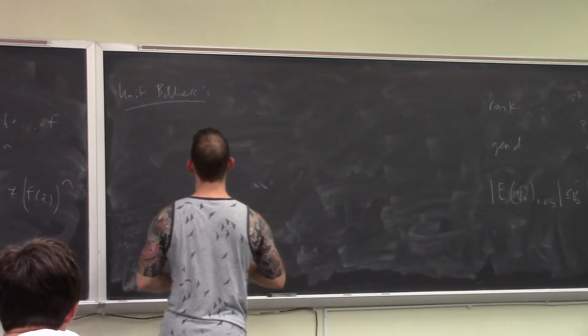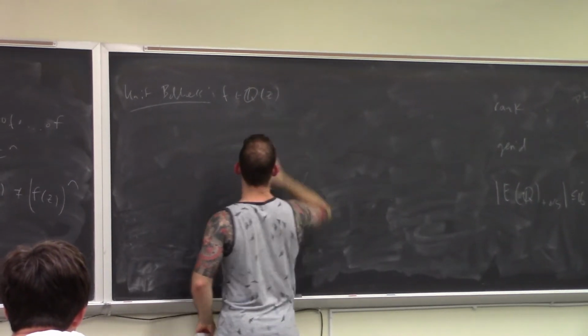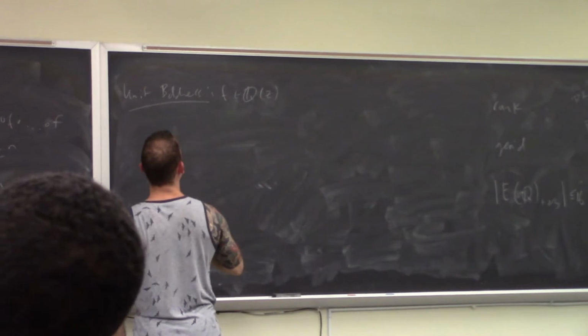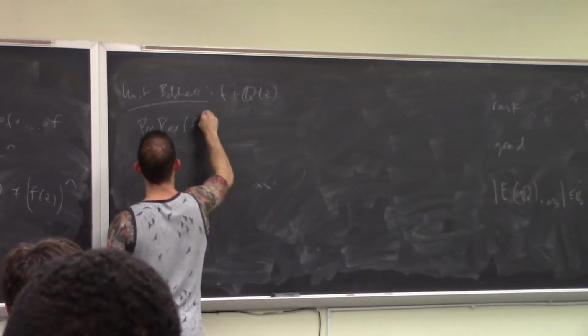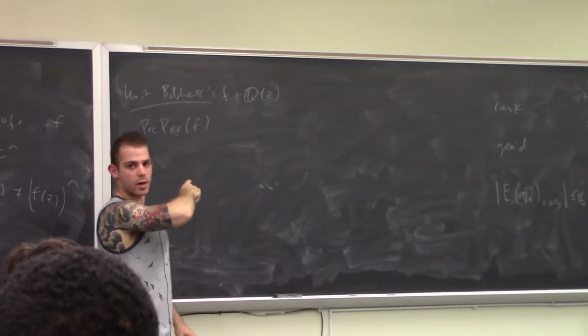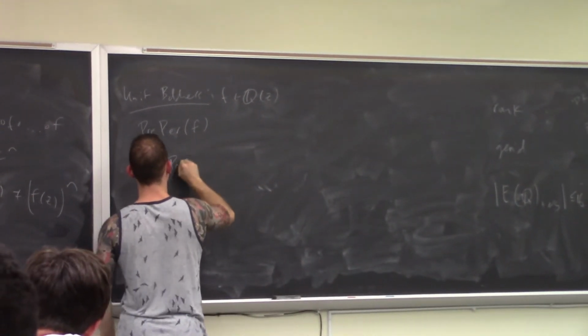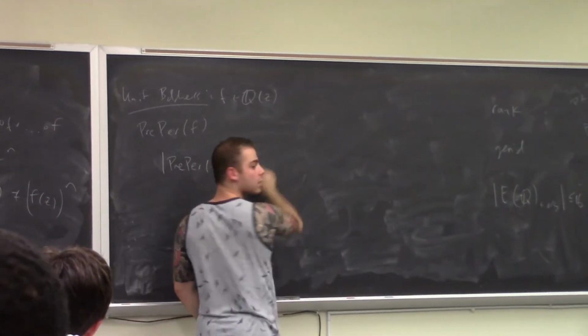Okay. So we're going to let f be some rational function again with rational coefficients, and let's consider the set of preperiodic points of f. Now the conjecture is that the size of this set is bounded.